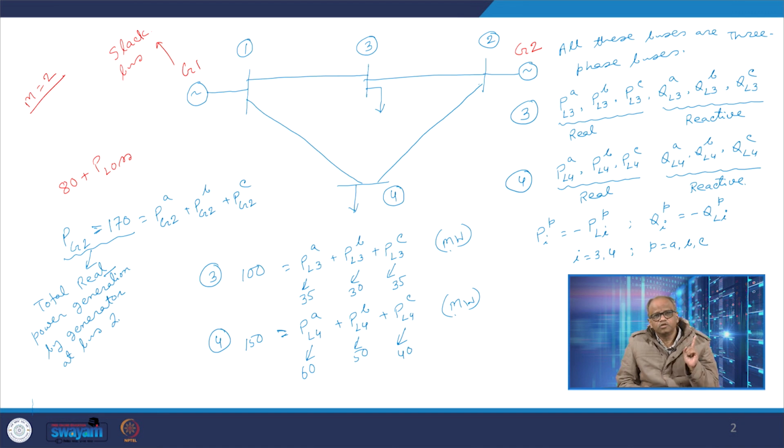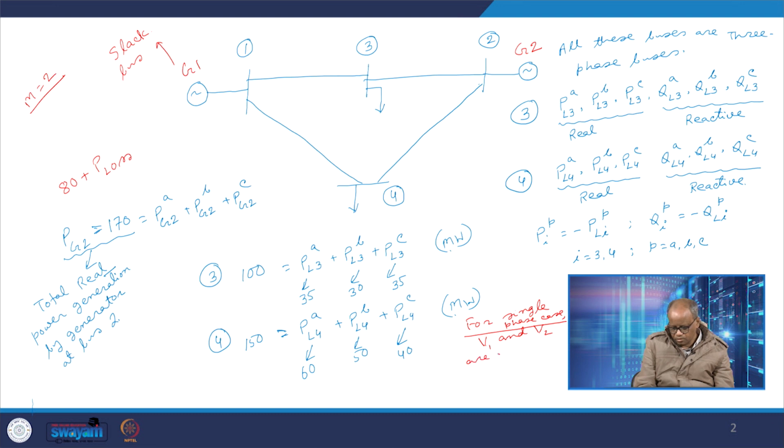So for the single phase case, V1 and V2 are known.